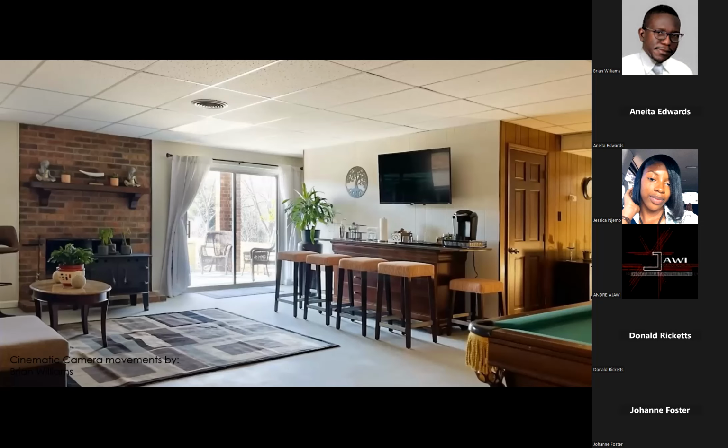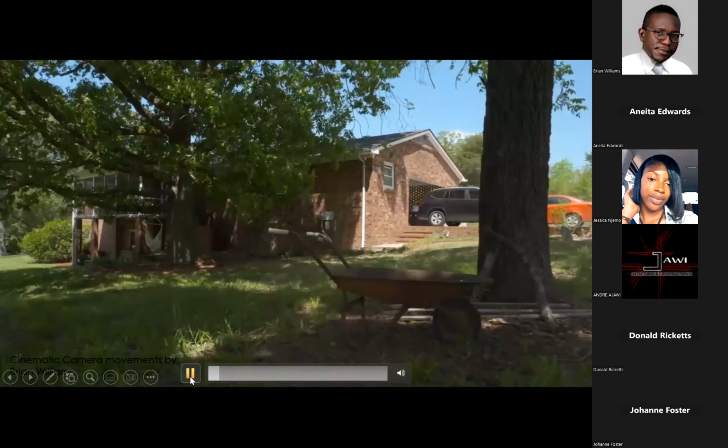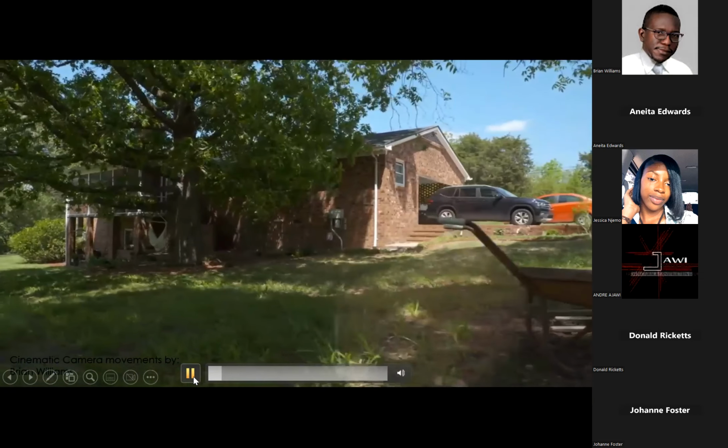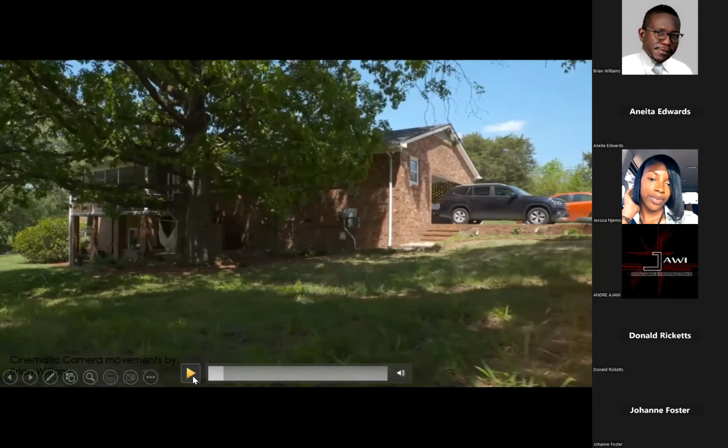And I want to just kind of break down some of these movements that you will see here, because this is going to be very similar to the activity that we're going to do, right? We're going to be finding a piece of architecture and we're going to be using cinematic camera movements, right?